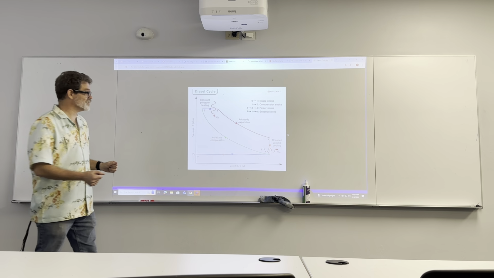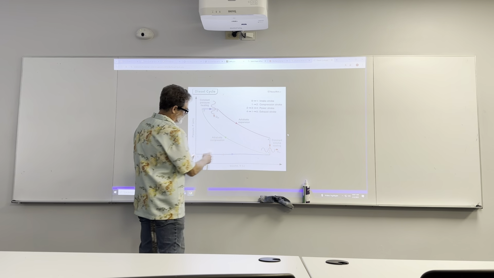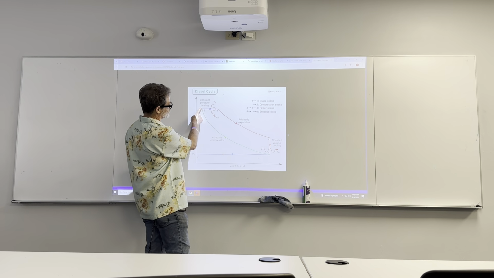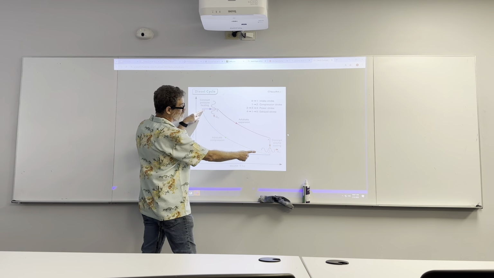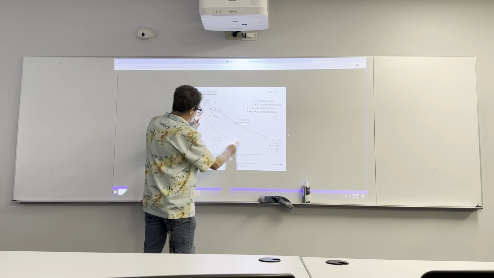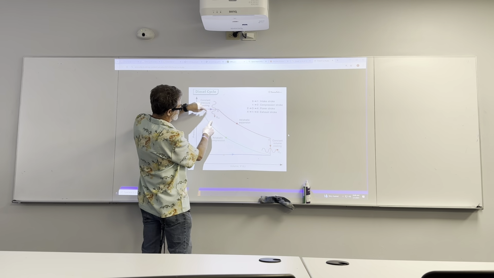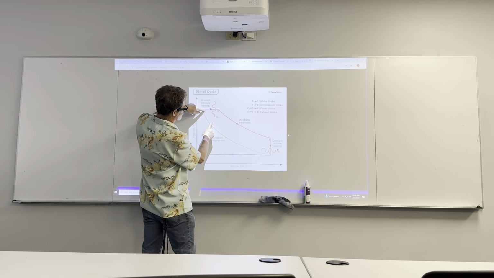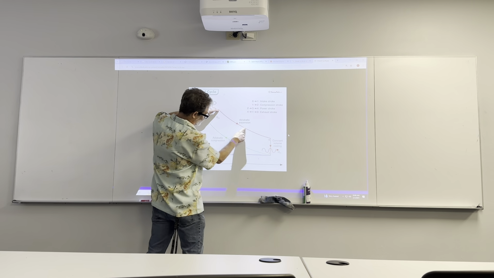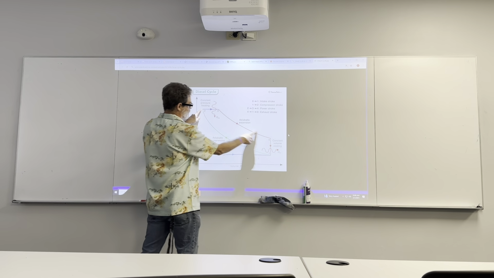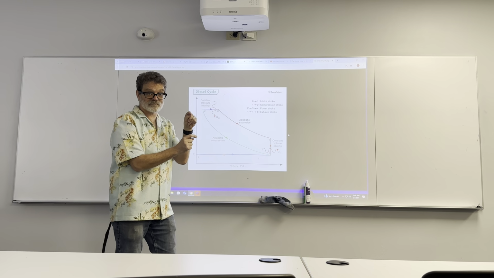Okay, so this is the diesel cycle. So it's got this exhaust intake, so that doesn't do any work. But here you get out adiabatic, which means what? So no Q, right? And then here I have pressure. So I gotta take in heat to increase the pressure, and then I do the expansion, and then I output the heat to cool the engine back down. So it's this process, right?